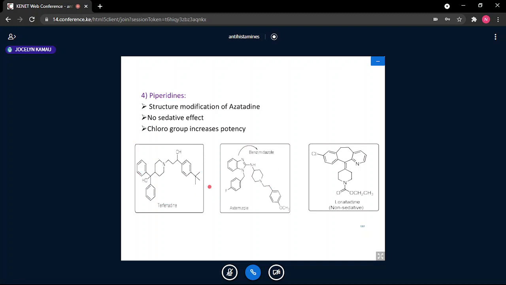We also have astemizole. Again, if you look at astemizole, it has an imidazole ring. It has a slightly different structure than we have seen before. It has an imidazole ring, and then it has that fluorobenzyl group, but it is still a piperidine derivative.